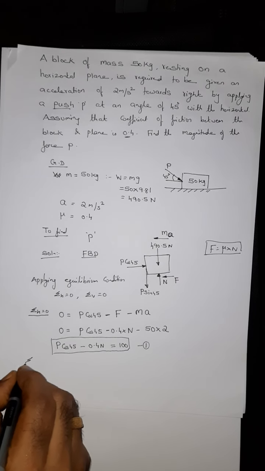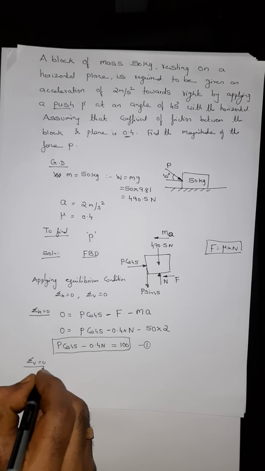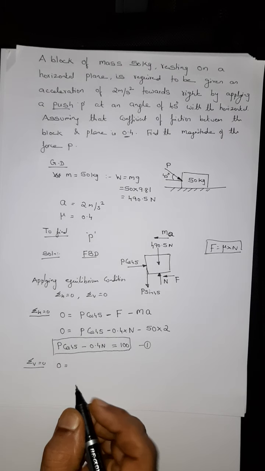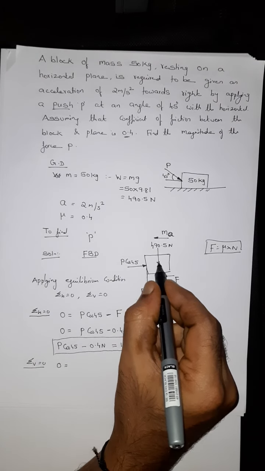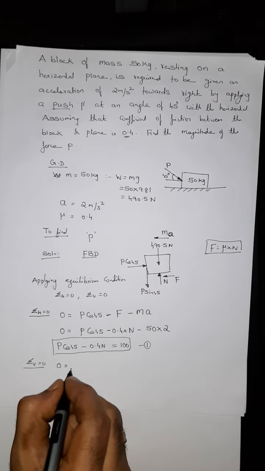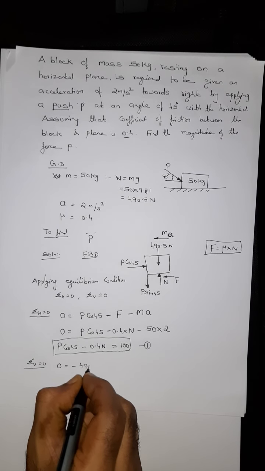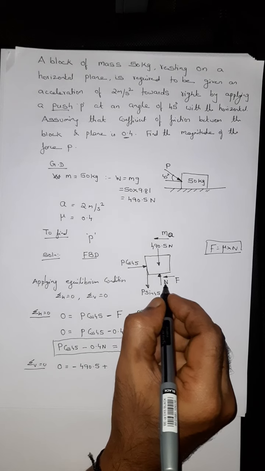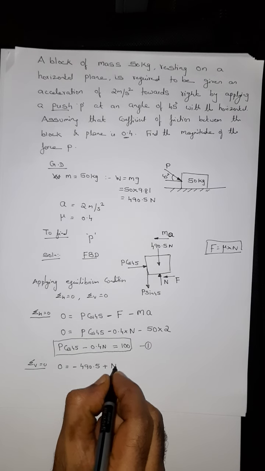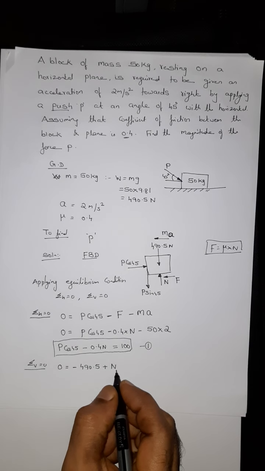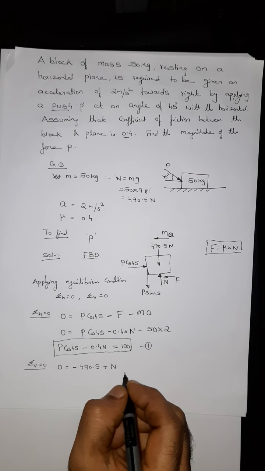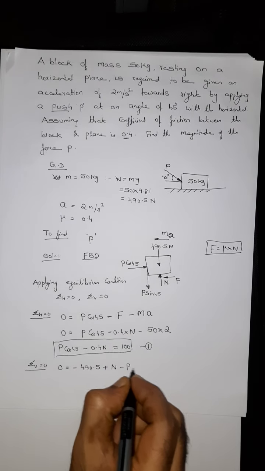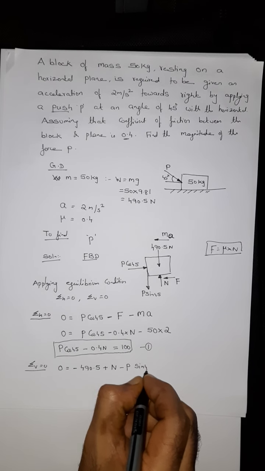Now let me resolve the vertical forces. 0 equal to 490.5, which is acting in the negative direction, so minus 490.5 plus N, right? Then minus P sin 45.